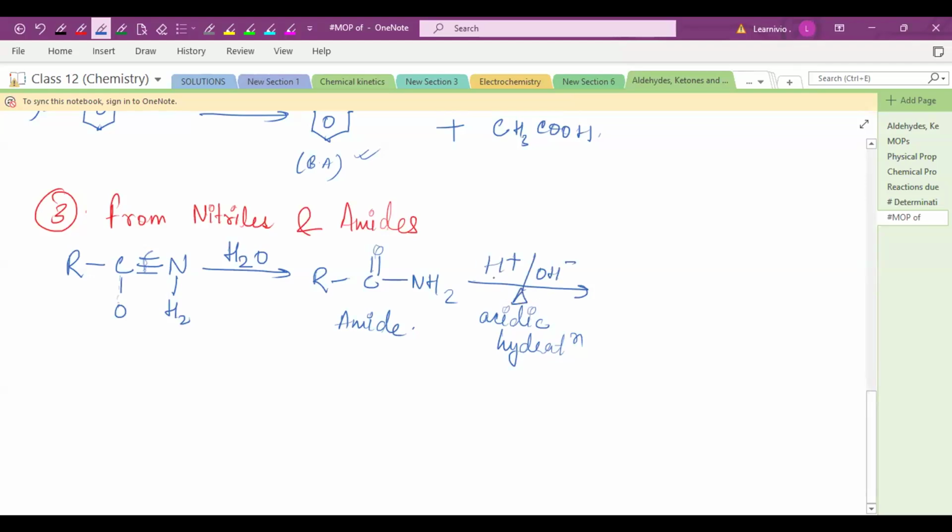So what happens here when the amide undergoes acidic hydration? This NH2 is there, right? So here HOH. You have to break this bond, not this bond, this OH bond.